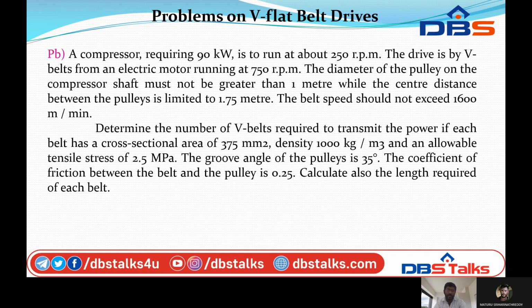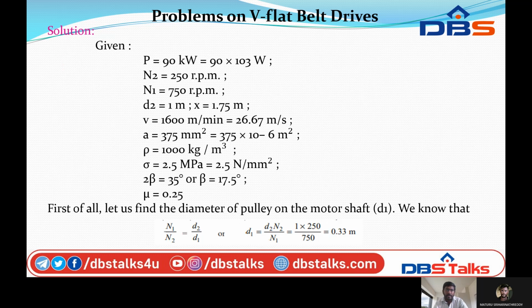This megapascal is 2.5 Newton per mm square. Then 2 beta is equal to 35 degrees, or beta is equal to 35 divided by 2, 17.5 degrees. So coefficient of friction mu is equal to 0.25.